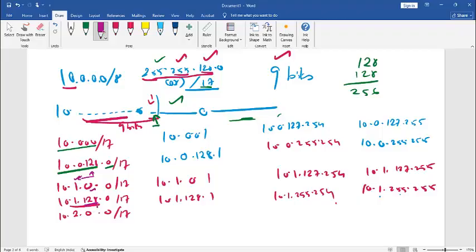The 1 will be the same, and then 0 becomes 128 because you're adding 128. Again, if you add 128 to this, it becomes 256. Do we have 256 in this octet? No, that's why it becomes 1.0. Means already 1 plus 1 now 2.0. You understood this? Okay, sir.